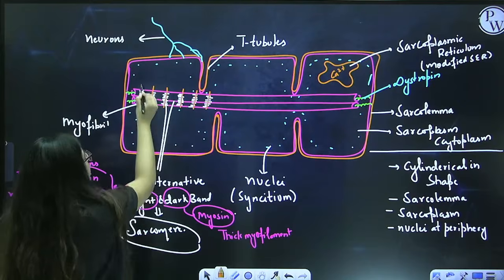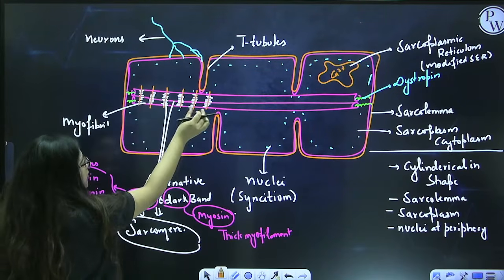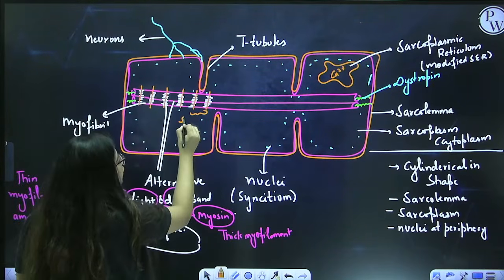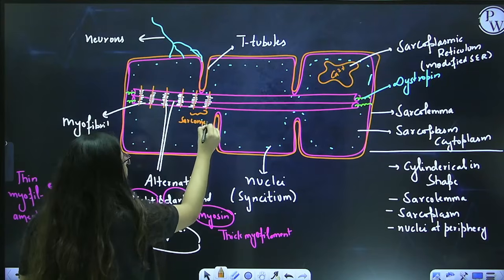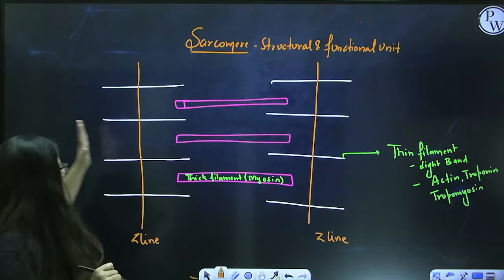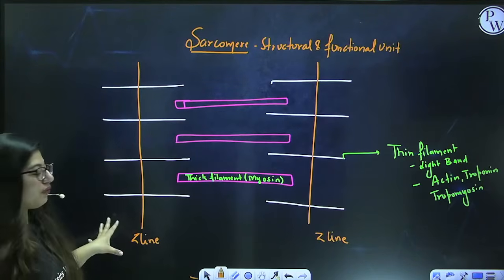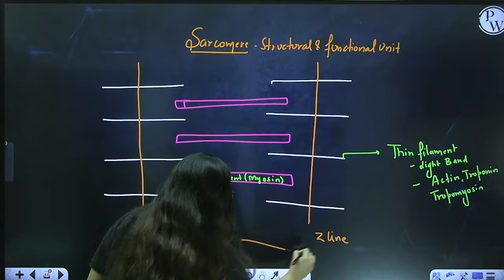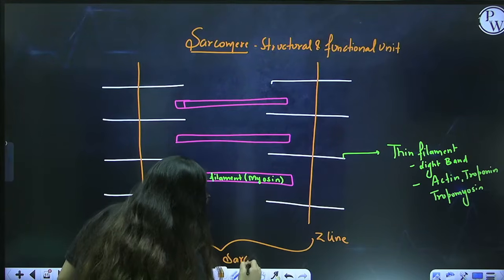So a small unit has been formed, and this one unit will be known as sarcomere. Similarly, the area between two Z lines is one unit. Another line will mark a different unit. So the area between the two Z lines, you call it sarcomere.